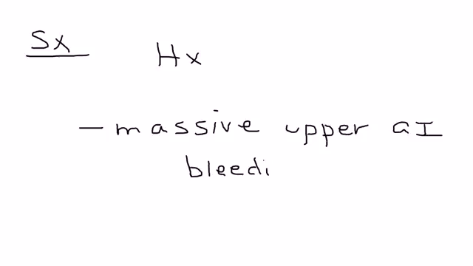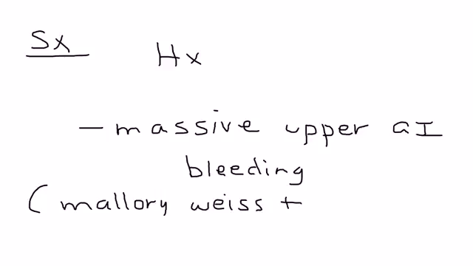Now, I wanted to quickly mention that clinical vignettes will sometimes try to trick you by putting in massive bleeding or some other terms, but in the answer choices they'll have another option known as Mallory-Weiss tears. And you might wonder, what's the difference between Mallory-Weiss tears and this topic, esophageal varices? Because both occur in alcoholics and both cause upper GI bleeding.